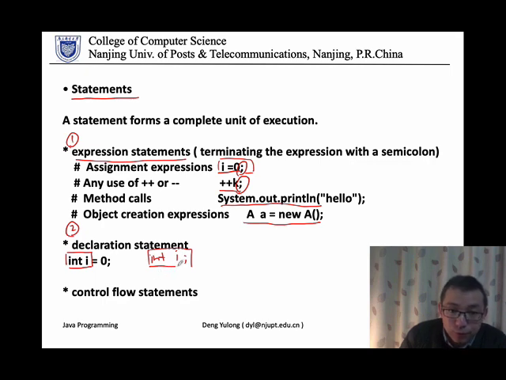So in the next line of code, you should assign some literal value to it. We name this a declaration statement. When we declare a variable, you can define it, or at the same time assign some literal value to it.